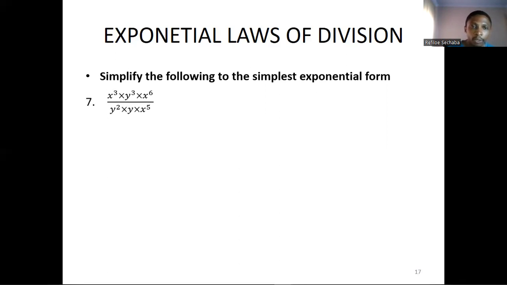Remember, you multiply the numerator first and then you multiply the denominator before you can apply the exponential law of division. What do you get? Okay, let me just give you everything. Do all of this.